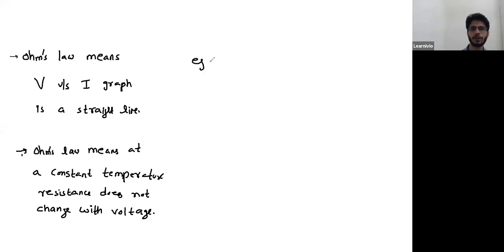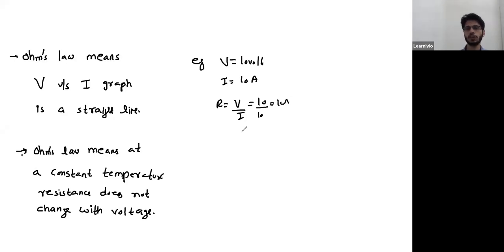That means, say if you have a voltage of 10 volt, and current is 10 ampere, your resistance is V by I, which is 10 by 10, it's 1 ohm. If this system is following Ohm's law, and I change the voltage from 10 to 8 volt, then current will shift to 8 ampere.